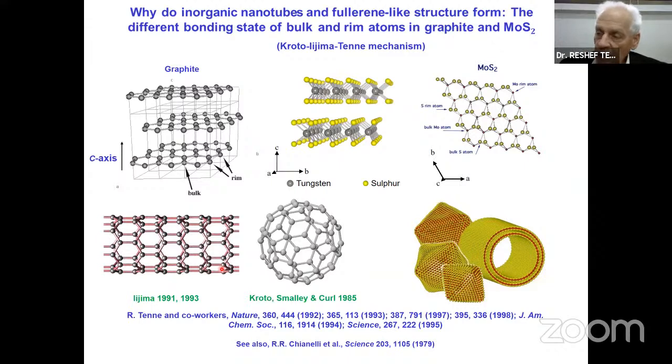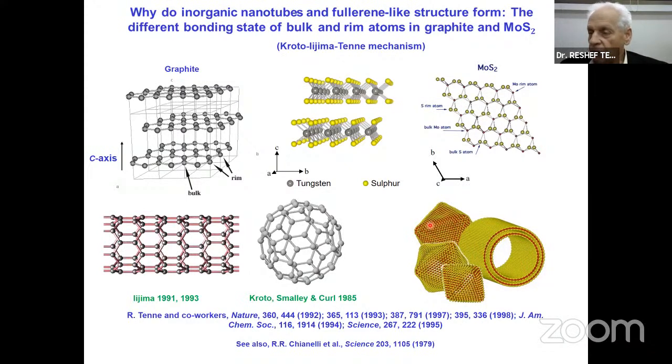So take molybdenum disulfide or tungsten disulfide, bring them to a very small dimension, heat them up so that they can have enough fluctuations. And because they have dangling bonds at the edges, they will fold and form nanotubes, fullerene-like structures, or nano-octahedra, as I'll show you in a minute.